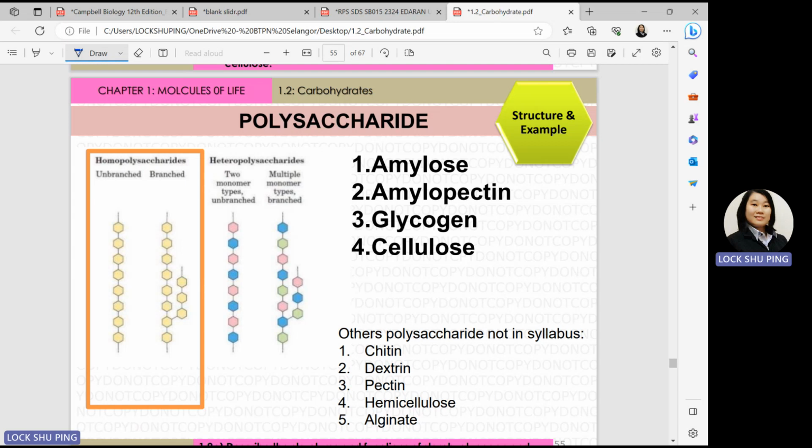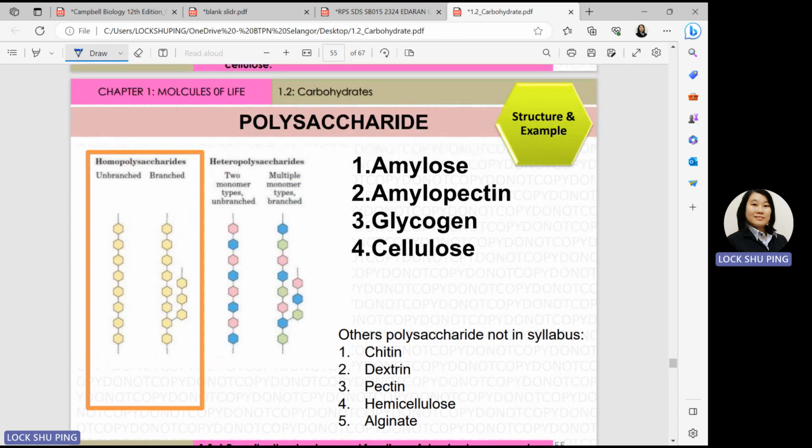That is a heteropolysaccharide. In your syllabus, you only learn homopolysaccharides, the easiest ones.